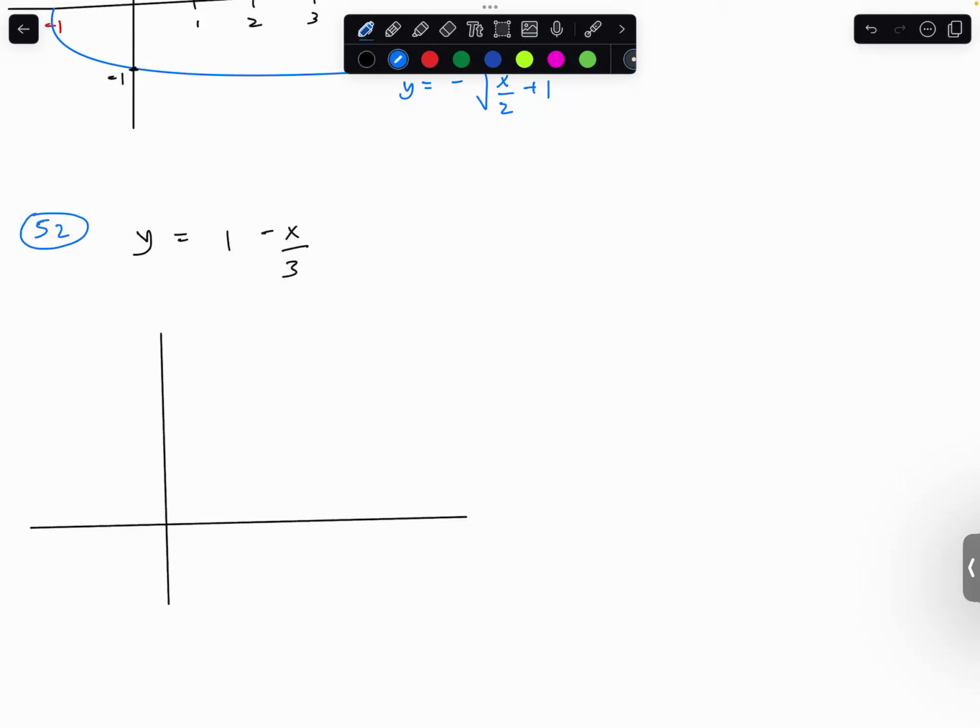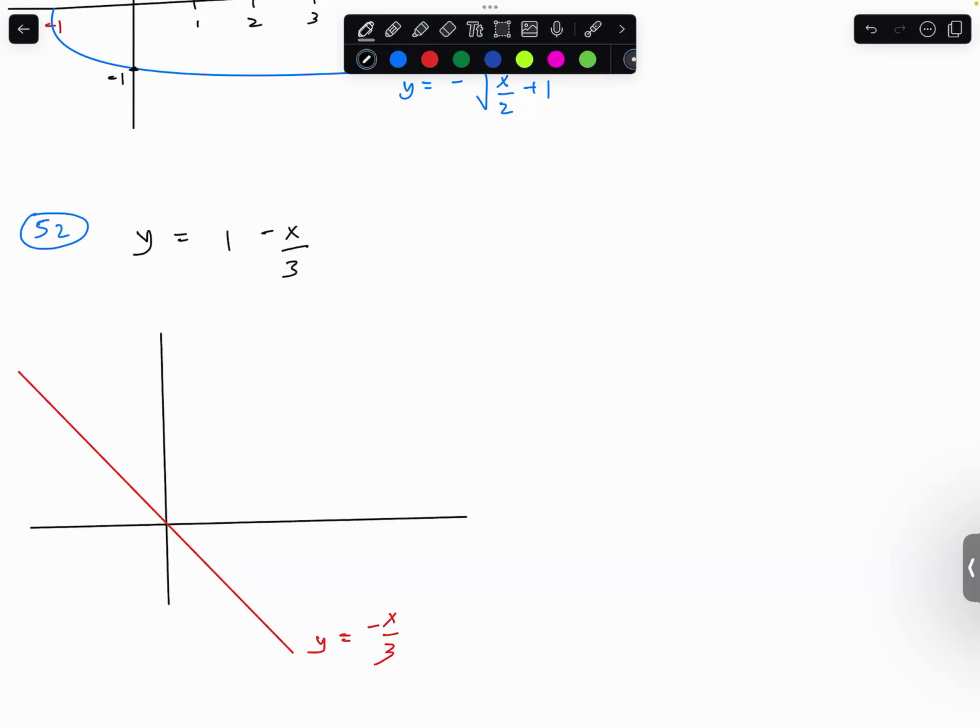Let's say this is our graph of y equals x divided by 3. And then if we add a negative, we are going to reflect this graph like this. So this is the graph of y equals minus x over 3. Now we can delete this because we don't need it.